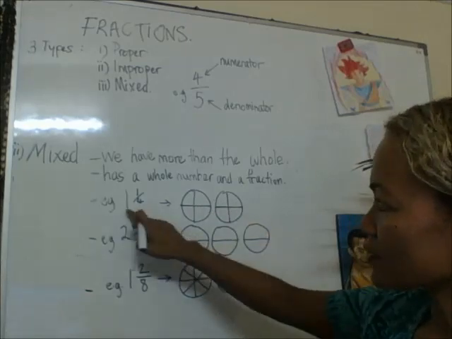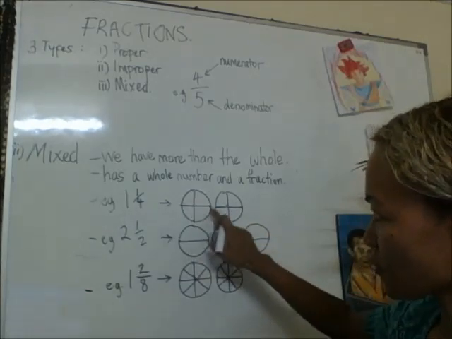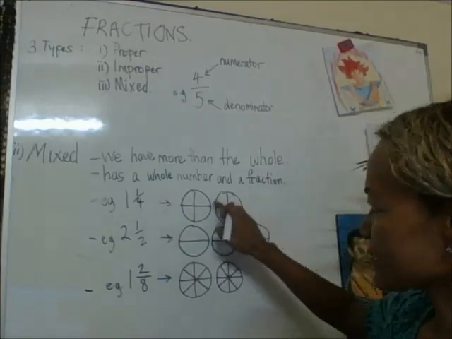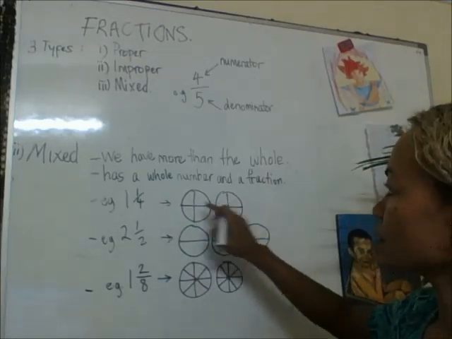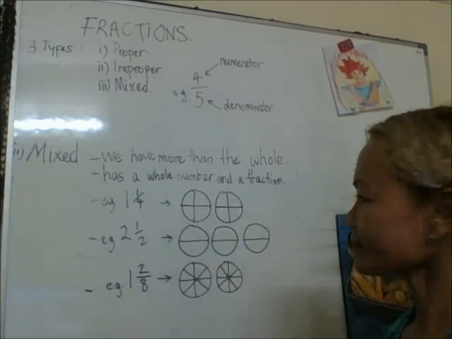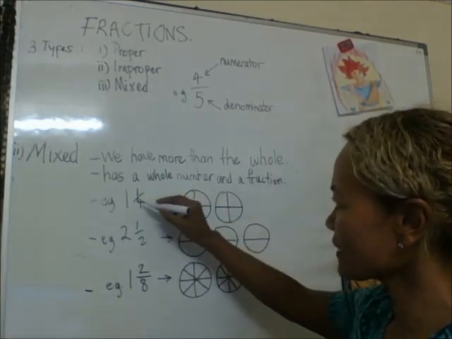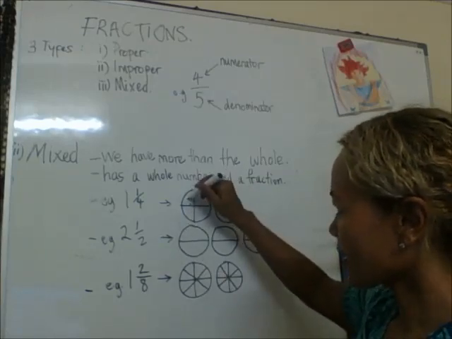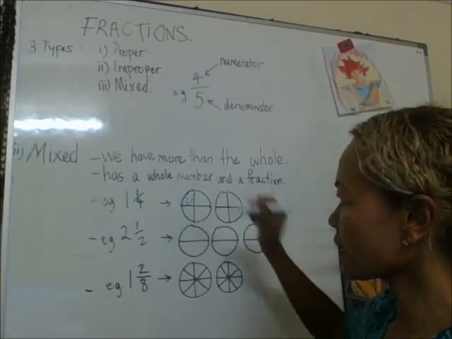I've done 2 here because first you have 1, so 1 whole. I will color all of that. And then the second one, out of the 4 possible, I will only color 1. So 1 1/4. So 1, I will shade all 4 quadrants.